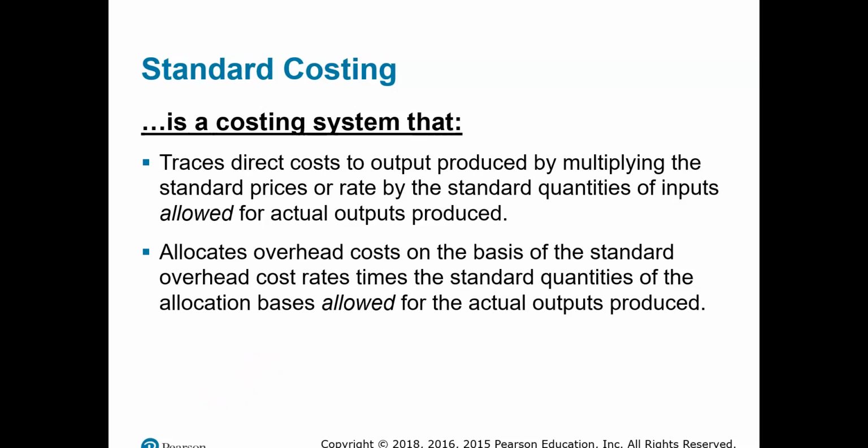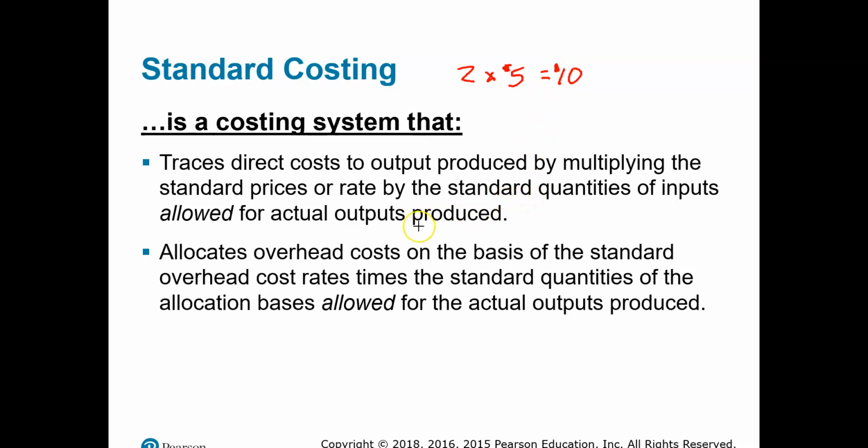if we figure that every unit of widget will take two units of materials times $5 per unit of material, then direct material costs we expect to be $10.